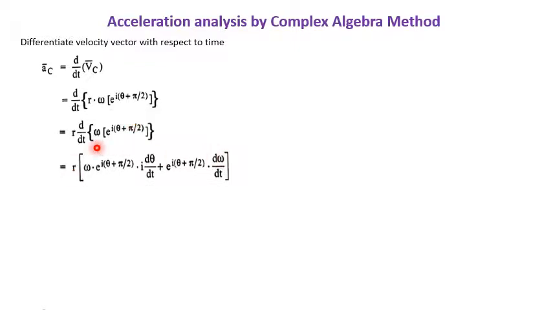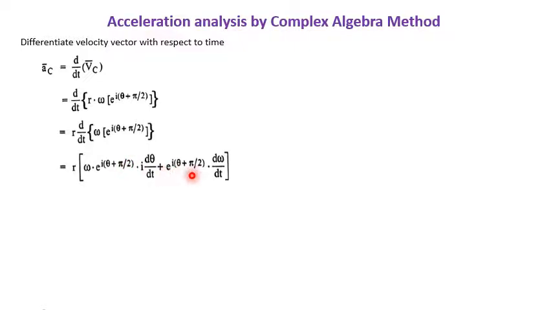So r into omega, keeping this one as it is, and differentiate the second term, that is, differentiation of e to the power of i into theta plus pi by 2. Here only theta gives a differential term, because differentiation of pi by 2 is 0. So i into d theta by dt.